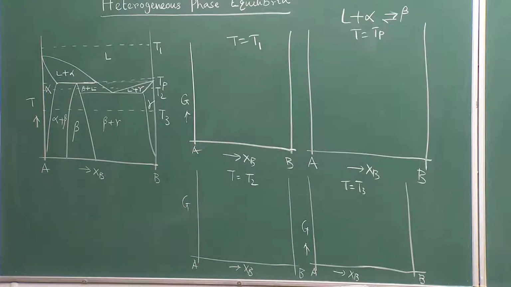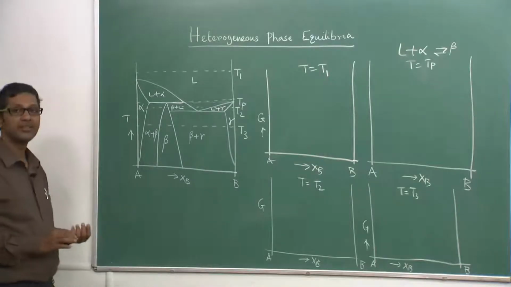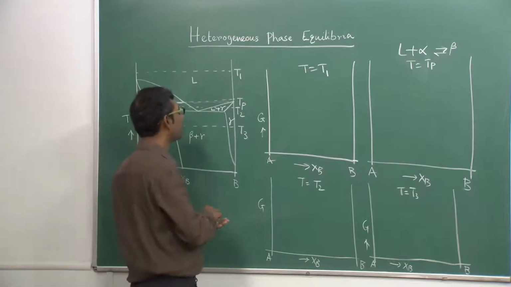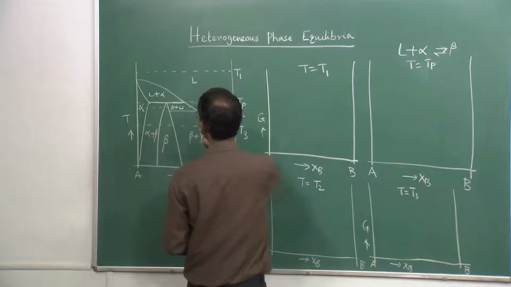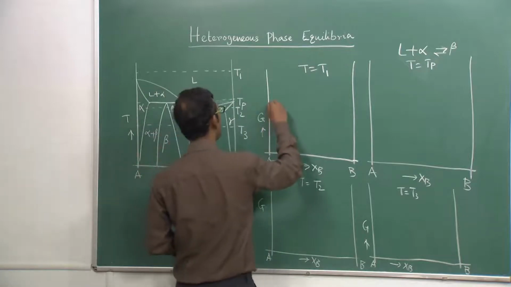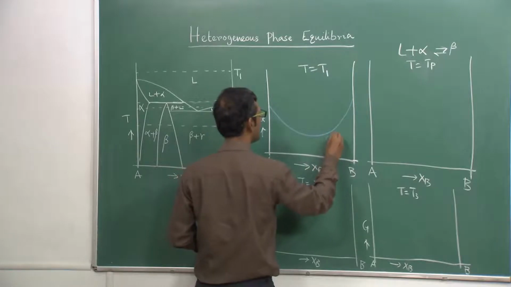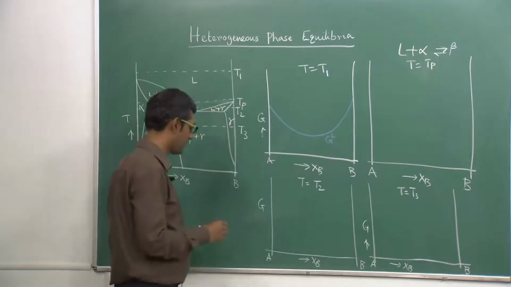As you clearly see, there are only 4 phases here: liquid and 3 solid phases, alpha, beta and gamma. So in all these diagrams we need to draw 4 curves, 1 for the liquid and 3 for the solid phases. For the liquid we are going to use blue. Here liquid is the stable phase, so liquid will be at the lowest part, this is G_L.